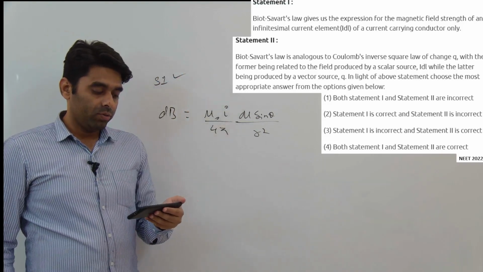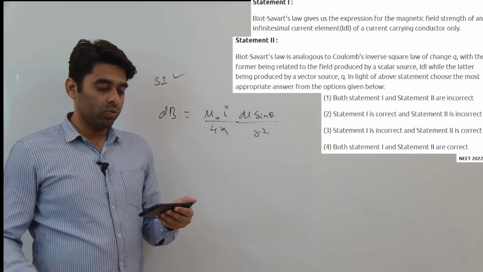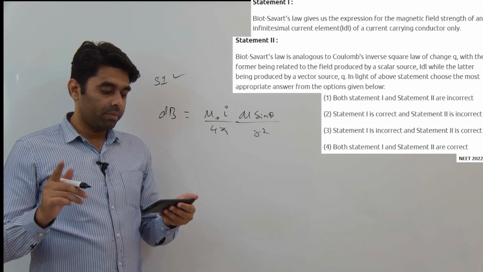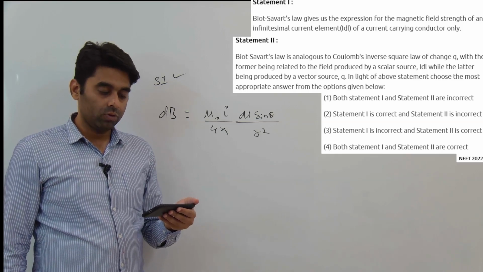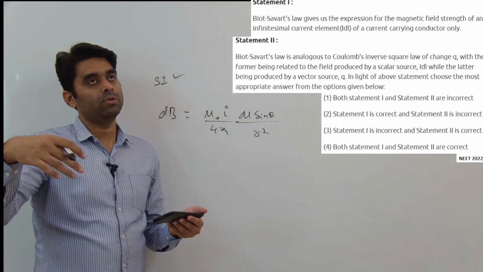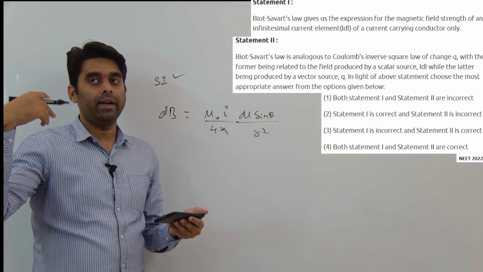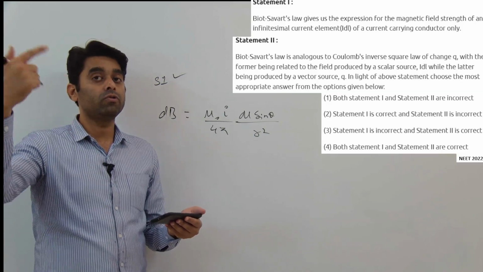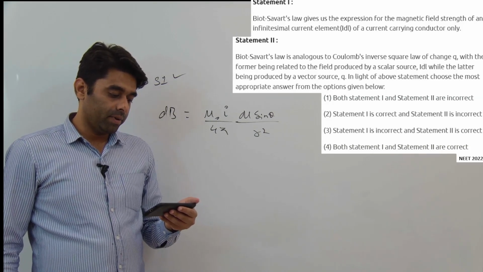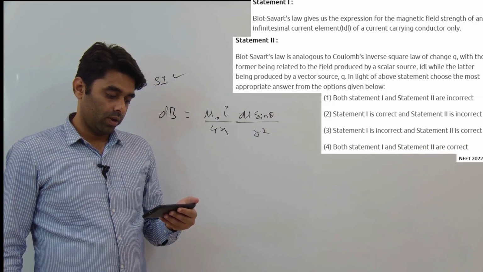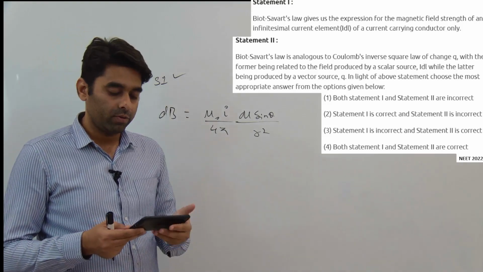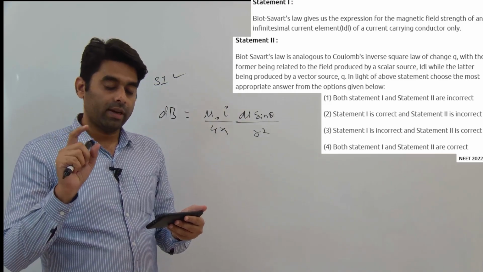Statement 2 says Biot-Savart law is analogous to Coulomb's inverse square law of charge q, with the former being related to the field produced by a scalar source, while the latter being produced by a vector. One thing is correct, that Coulomb's law tells us about the force and the field produced by the charge. But if you read statement 2 carefully, it says Biot-Savart law is analogous to Coulomb's law.